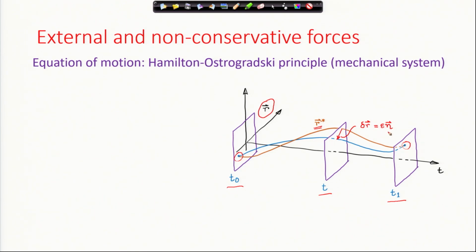Epsilon is a small quantity and eta is any function such that eta at T0 equals eta at T1 equals 0, because we do not have any variation at the starting and ending times. We know the coordinates of the system at these two time instants. Variation can occur between these two time instants.